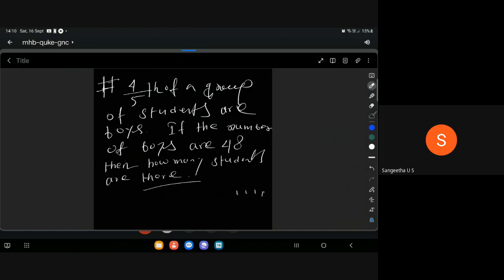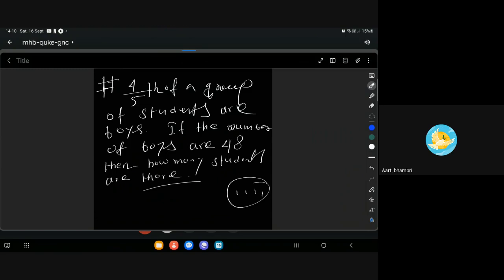There are many students. Out of the total students, 4/5 of the total students are boys. Now they have told that if the number of boys is 48, then what is the number of total students? Find out. 60.